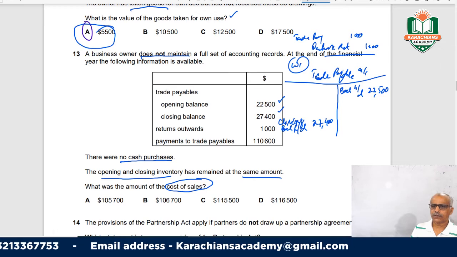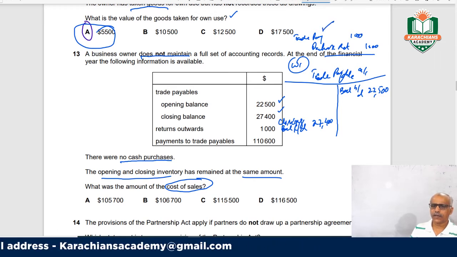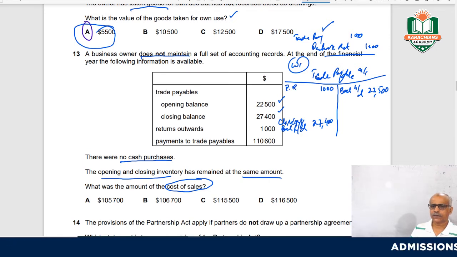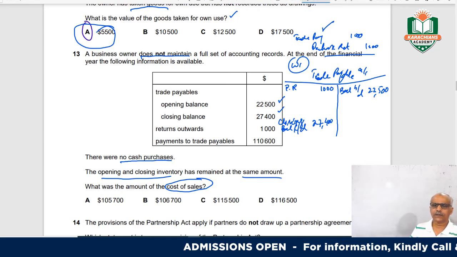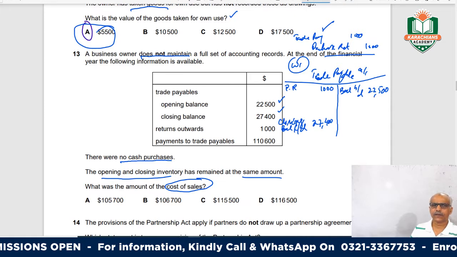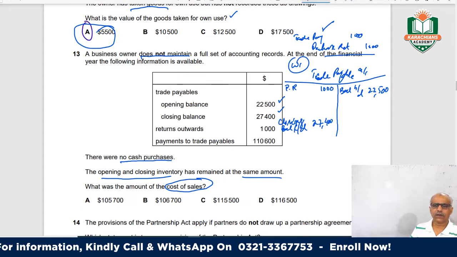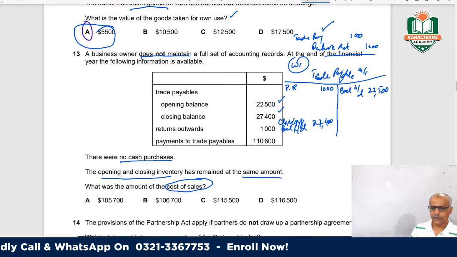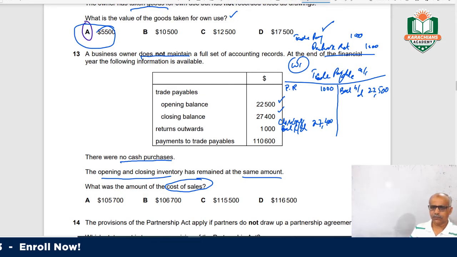So your trade payable account will be debited against purchase returns, right? I am making it short because this is MCQ based, so you do not have to provide all the workings. This is just for your better understanding and the building up of your concept. This one is done, and returns outward we have accounted for.